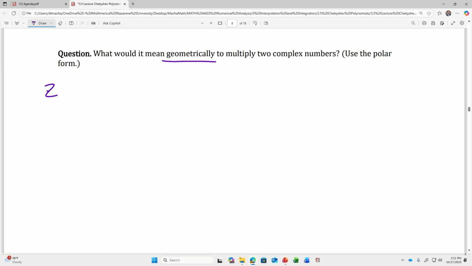Well, let's say I have a number z1, and it has coordinates r1, theta 1. And I have a number z2, which has coordinates r2, theta 2. What would it look like to have z1 times z2?